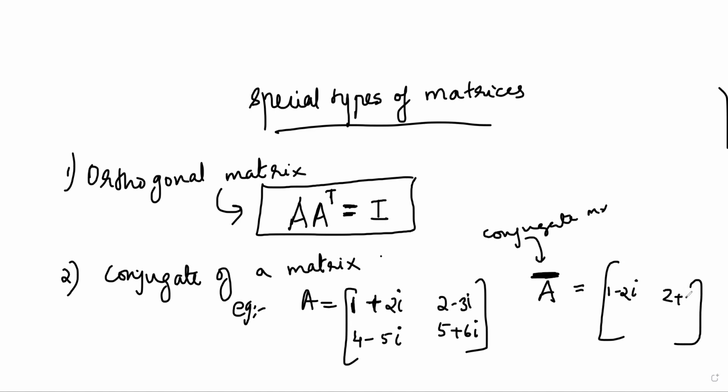So 2 plus 3i, 4 plus 5i, 5 minus 6i. That means you change the sign of the imaginary part, and that will become the conjugate matrix. That is the conjugate matrix.